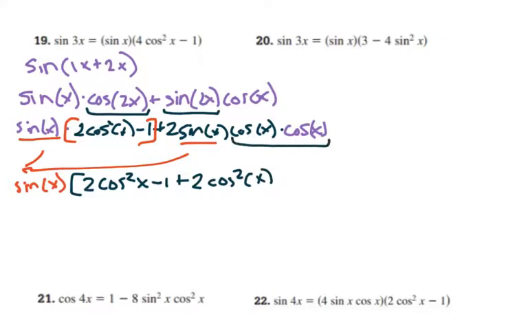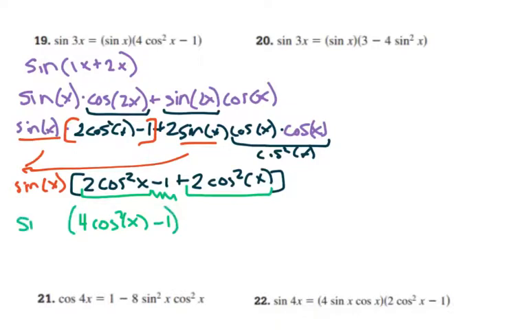Right, because cosine times cosine is cosine squared. So that technically means that we have 2 cosine squareds x here, and 2 cosine squareds x here, so we actually have 4 cosine squared of x. And then, of course, the minus 1, and then all out front, a sine.